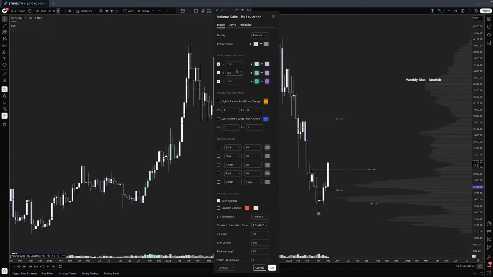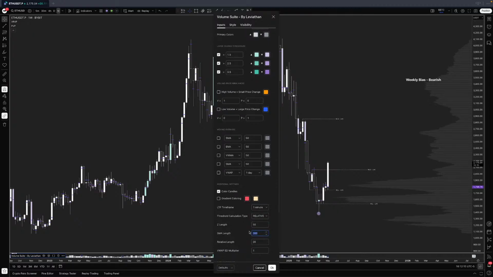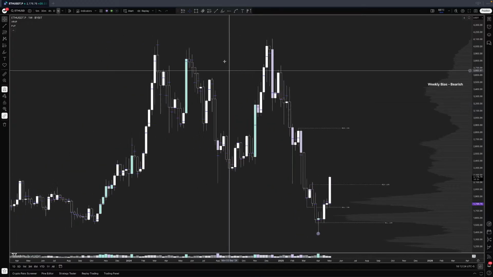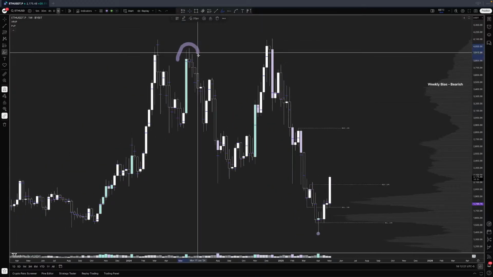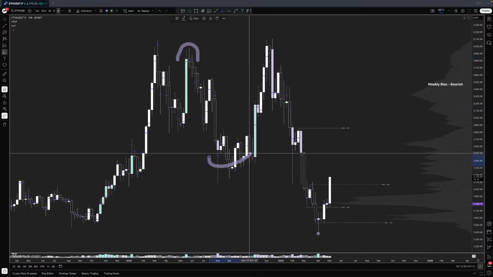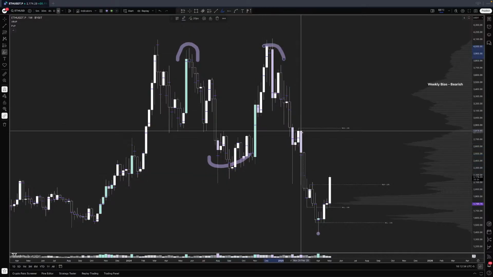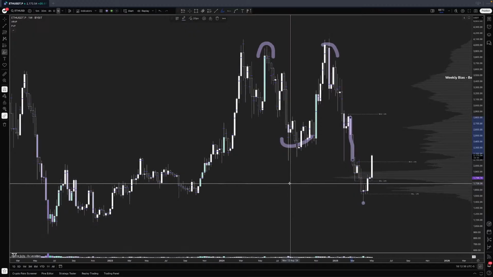Any candle that is 1.5, 2.5, or 3.5 above a standard deviation, a fair value of the previous 300 candles or the previous 50 candles, is going to be highlighted. And normally, as you can see, these candles usually highlight the ends of moves, or real breakouts, like over here.